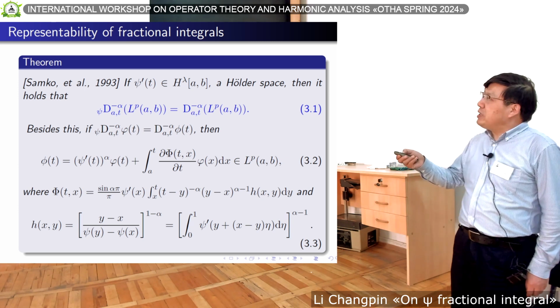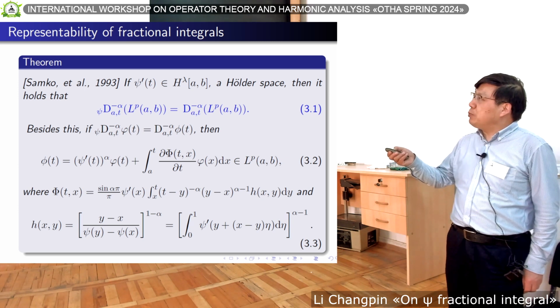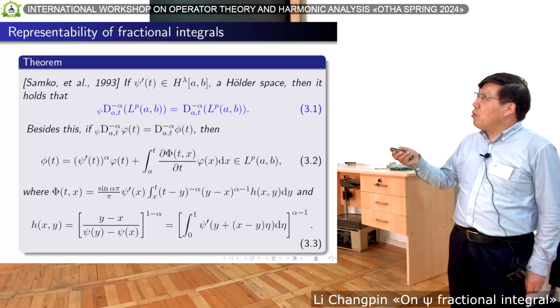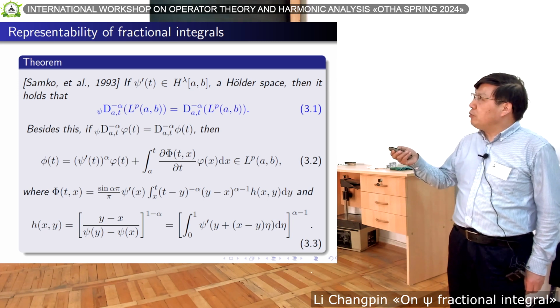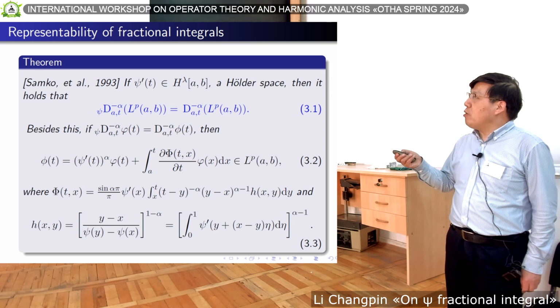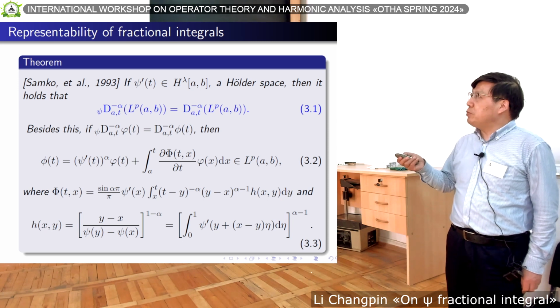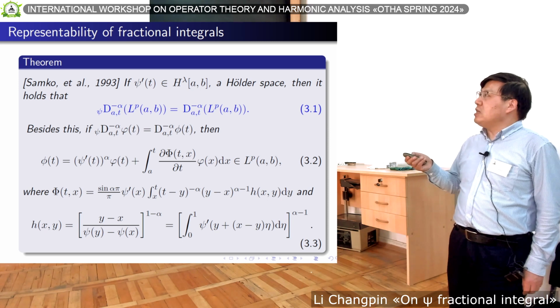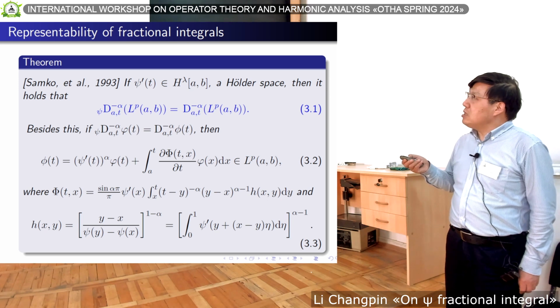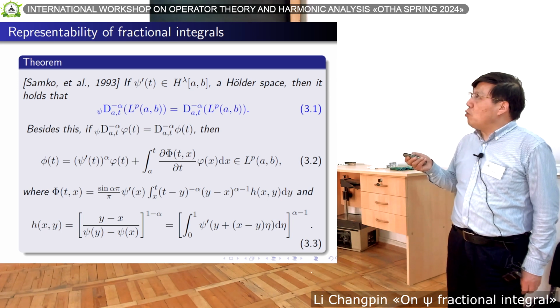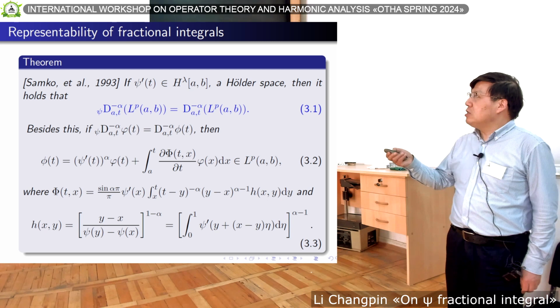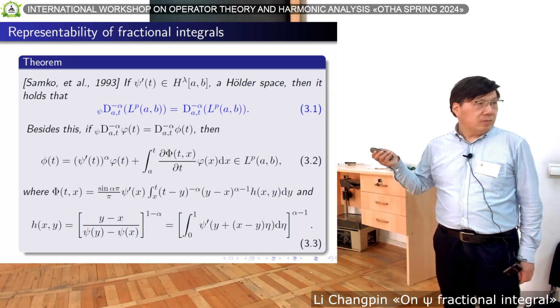Besides this, if psi is the psi fractional integral of f(t), phi of t, and the Riemann fractional integral of phi of t, we have the relation between them, where phi of t has these relations.